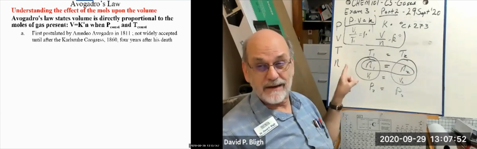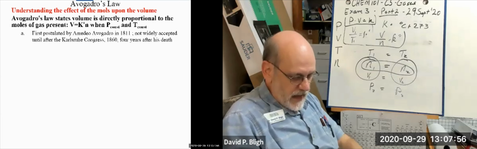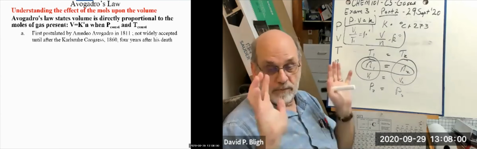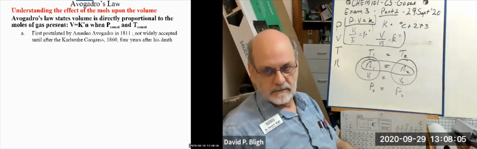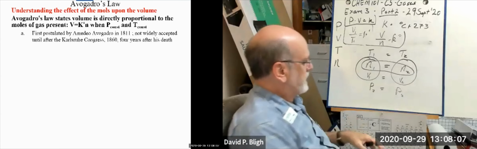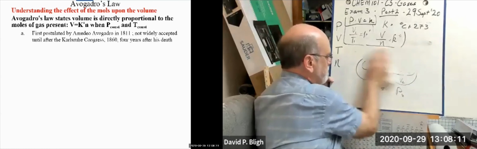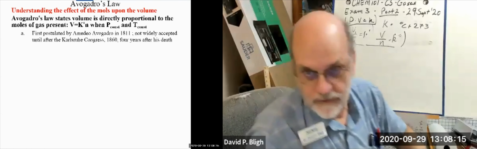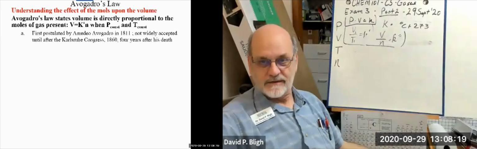So now you've got a handle on numbers. And from then on, the chemical industry in Europe just exploded because they were able to solve problems. When they occurred, they knew how to fix them. And that's all thanks to Avogadro. And Cannizzaro for his persistence.